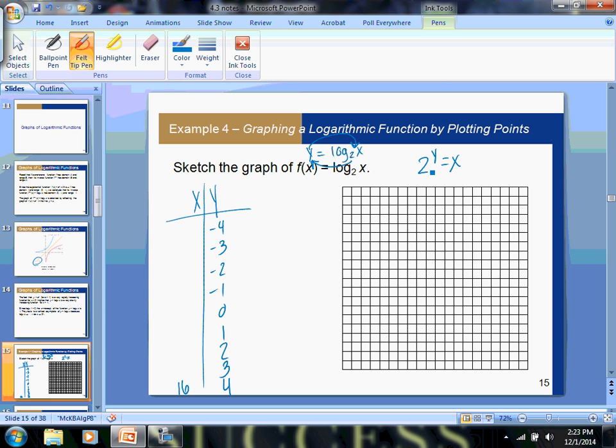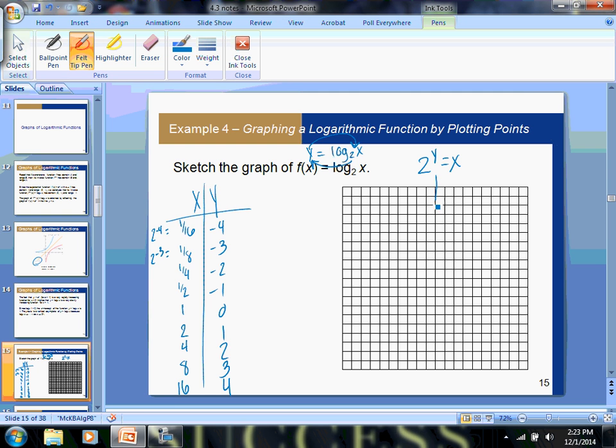So that would be 8. 2 to the 2nd would be 4. 2 to the 1st is 2. 2 to the 0 is 1. And then we'll have our inverses here: 1/2, 1/4, 1/8, and 1/16. And again, I'm getting this because I'm doing 2 to the negative 1, 2 to the negative 2, 2 to the negative 3, and so on.